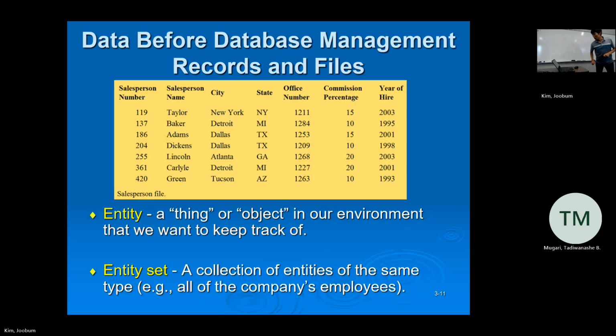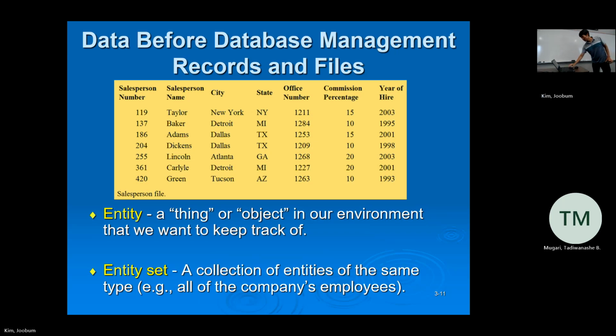Okay, and just to refresh your memory, the entity is a thing, an object we want to keep track of. An entity set is a collection of entities of the same type. So this is a file. Just think of this as a spreadsheet, the Excel.